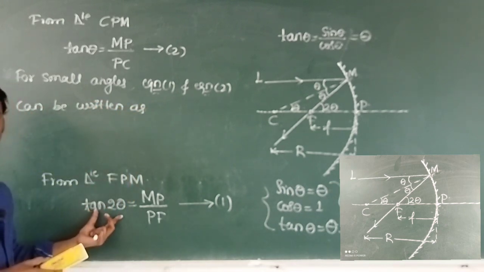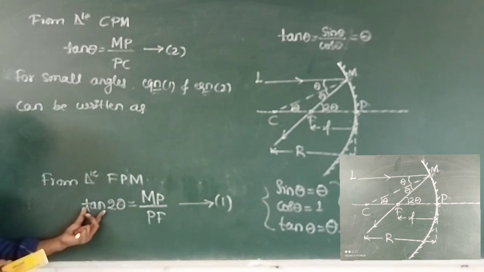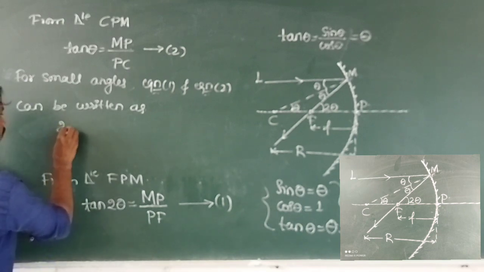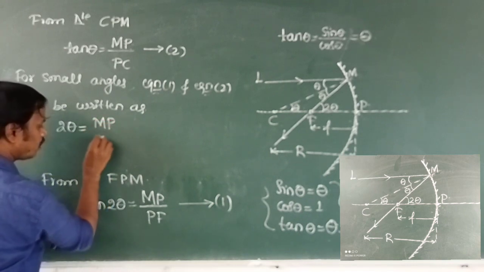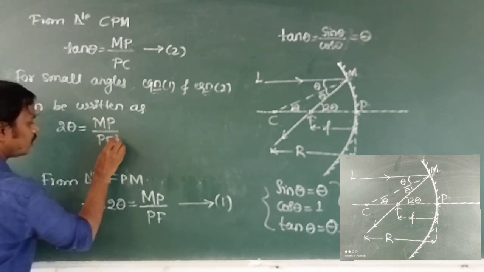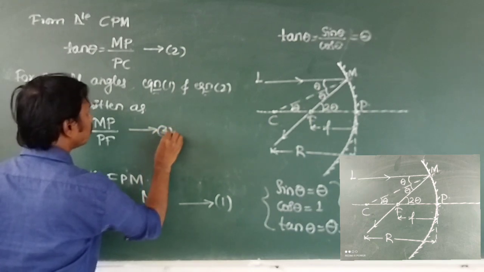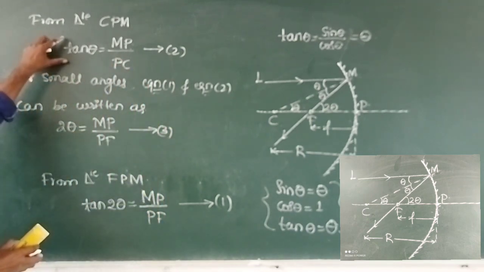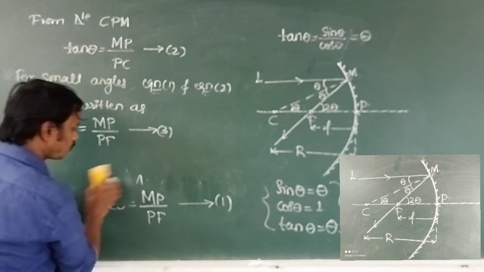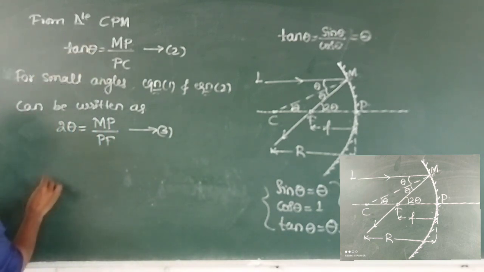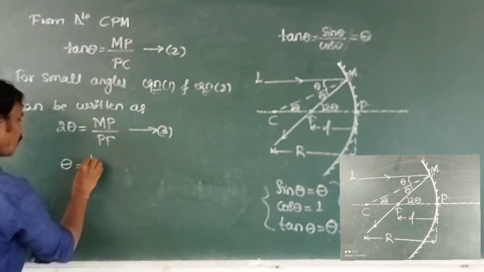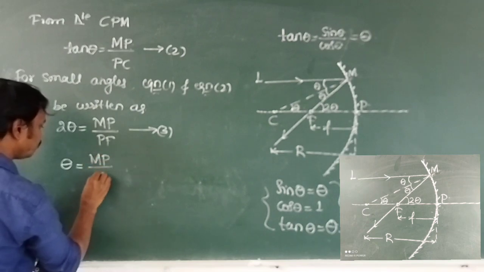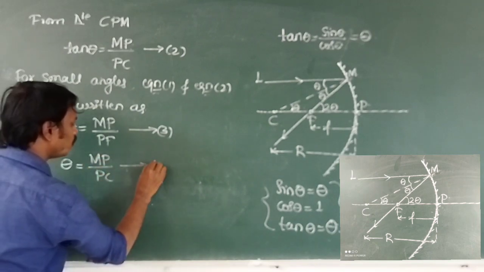Tan 2 theta can be written as 2 theta, because for a small angle tan theta is theta, means tan 2 theta is 2 theta. So 2 theta is equal to MP divided by PF. Let us take this as equation number 3. Equation 2 can be written as tan theta can be written as theta. Then theta is equal to MP by PC. This is equation number 4.